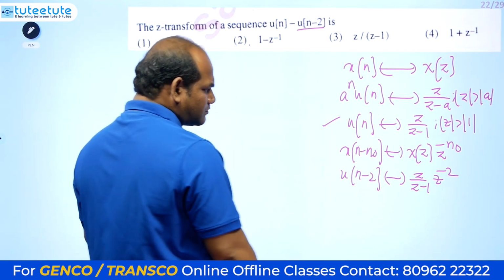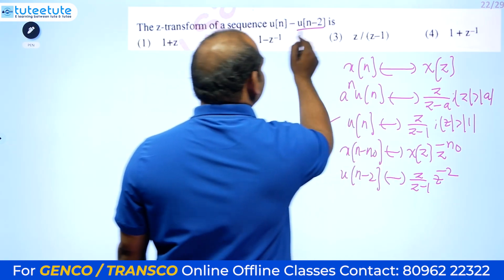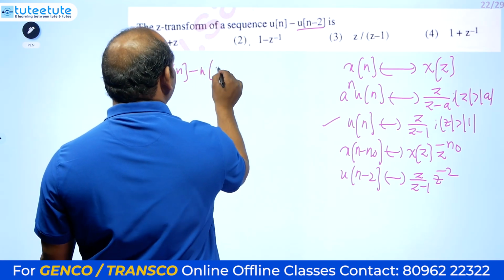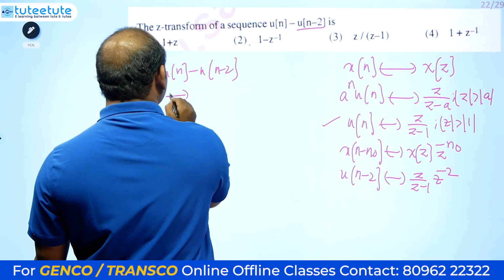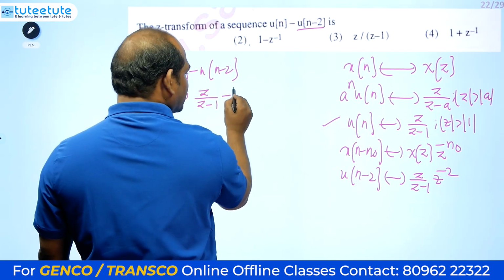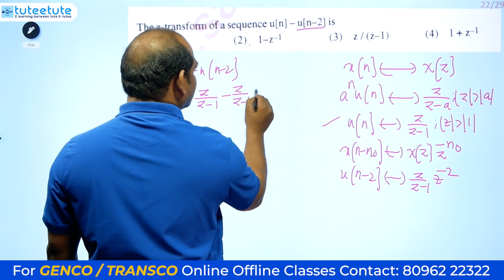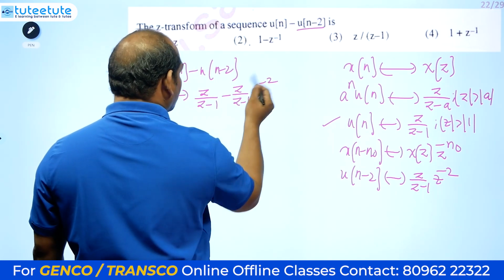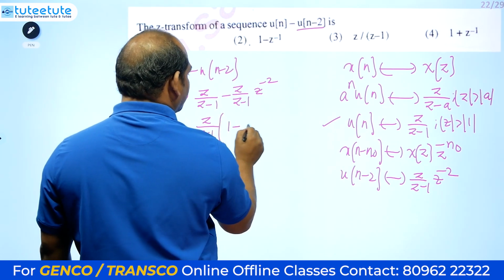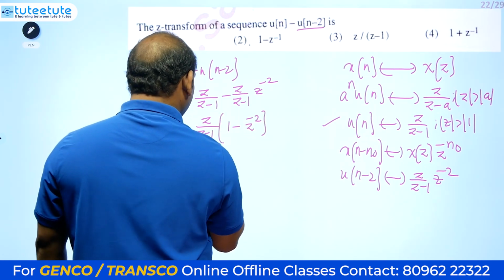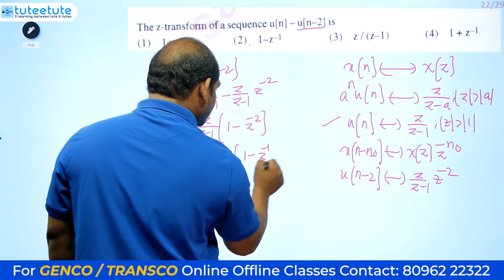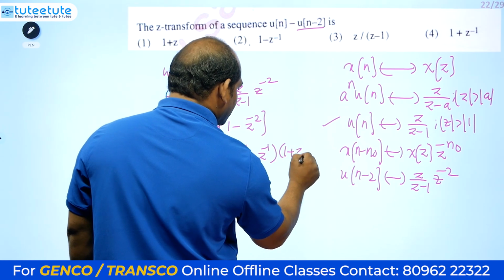So now here subtraction is there. According to the linearity property, we can take the subtraction of the Z transforms also. So one is z by z minus 1 minus z by z minus 1 into z power minus 2. Take z by z minus 1 as common, so 1 minus z power minus 2 we will get. It is z by z minus 1 into 1 minus z power minus 1 into 1 plus z power minus 1.